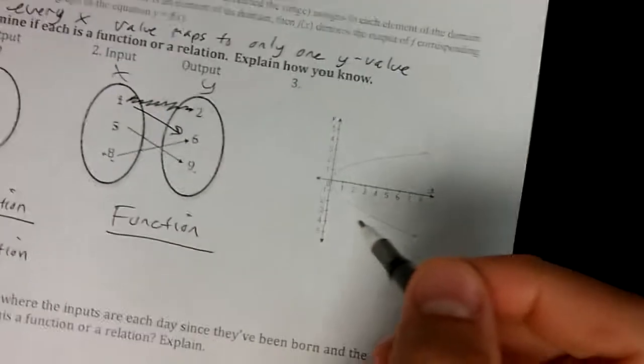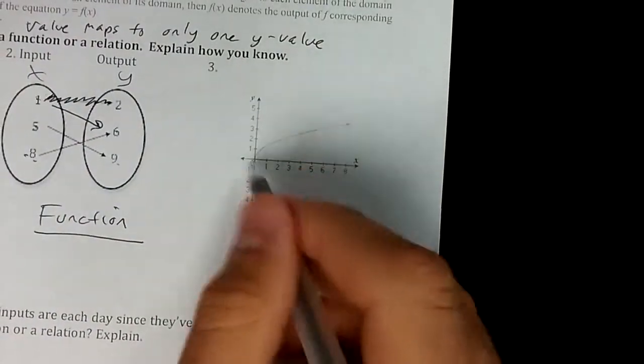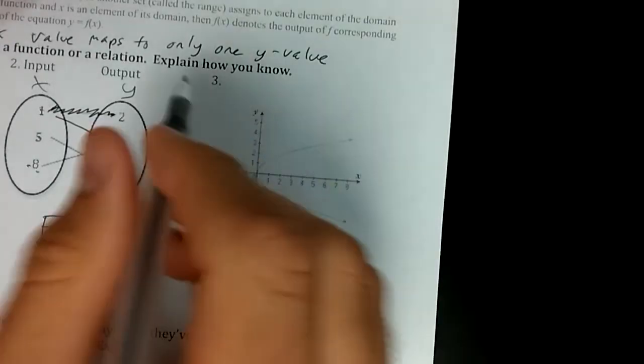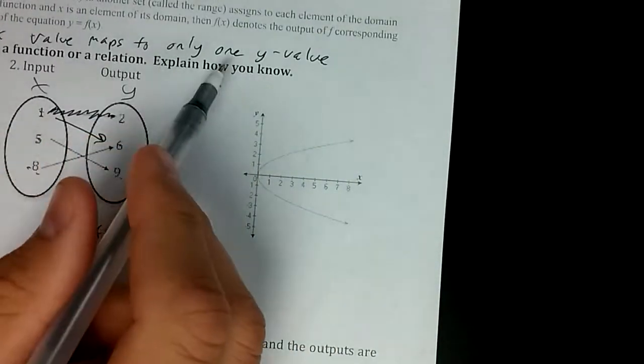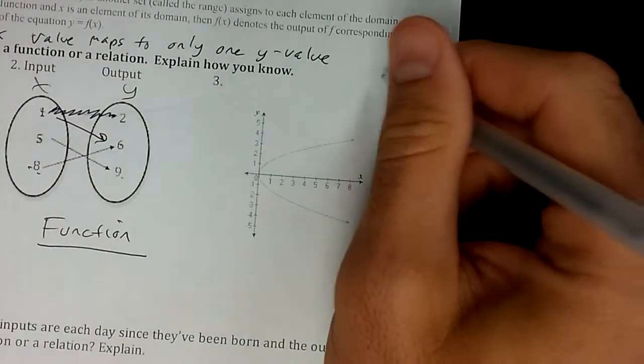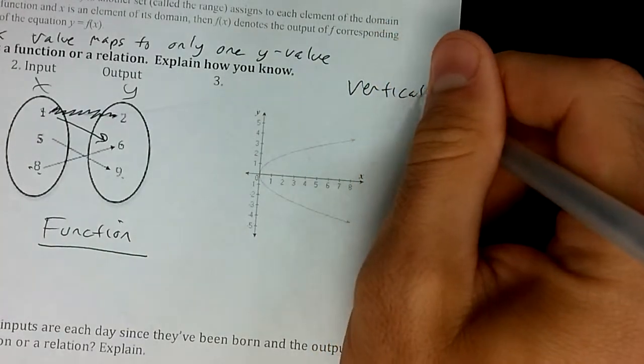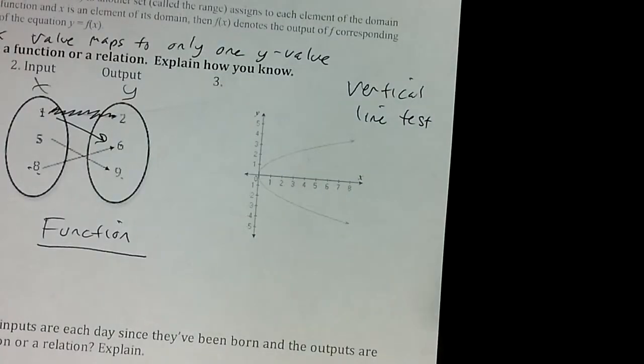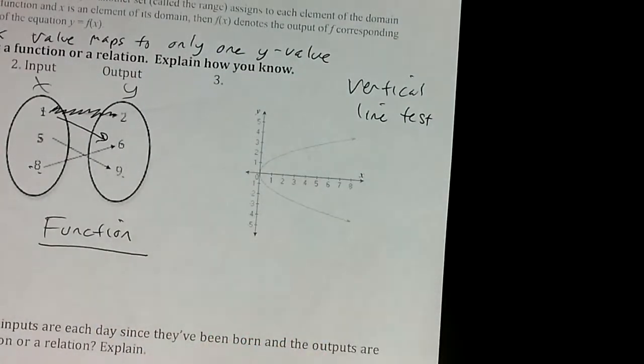Number 3, we have a graph here. Okay. Now the graphs we can use the same concept. Every x value only has one y value. And how we use that is we use what's called a vertical line test. So if you draw a vertical line anywhere on a graph, and if it hits more than once, it is not a function.